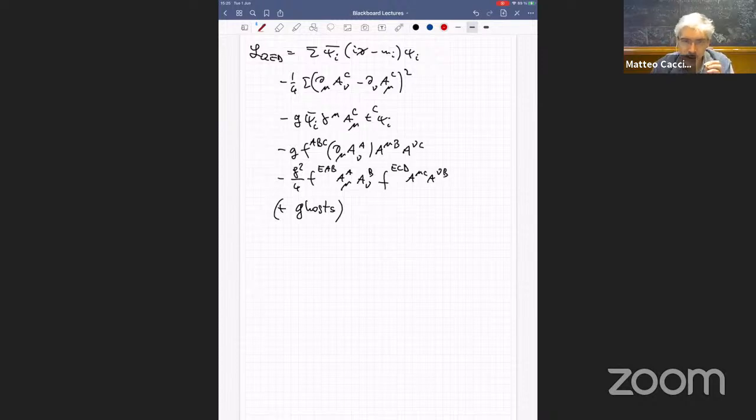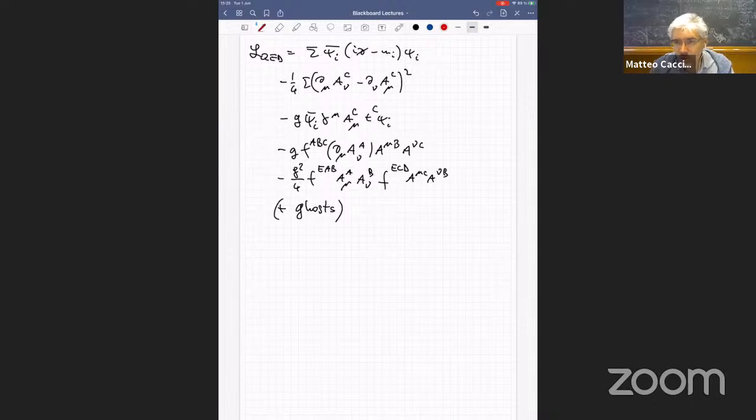Of course, a Lagrangian is much more than perturbation theory. If you could solve its dynamics exactly, you would have a full solution. But most of the time, we cannot solve this Lagrangian exactly. You can try to put it on the lattice, yes, but at least the part I'm talking about is rather using perturbation theory to do calculations.